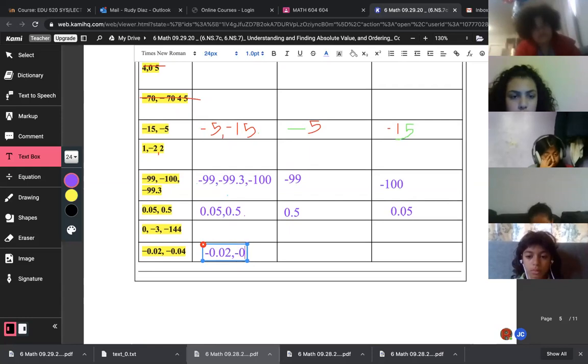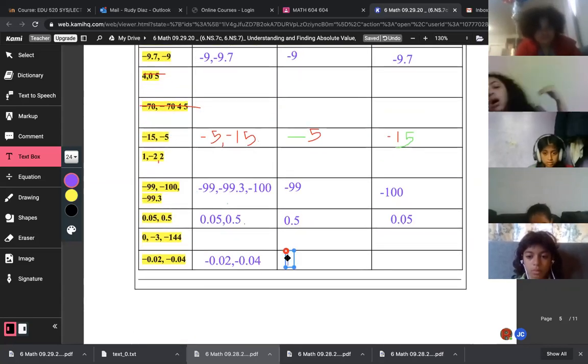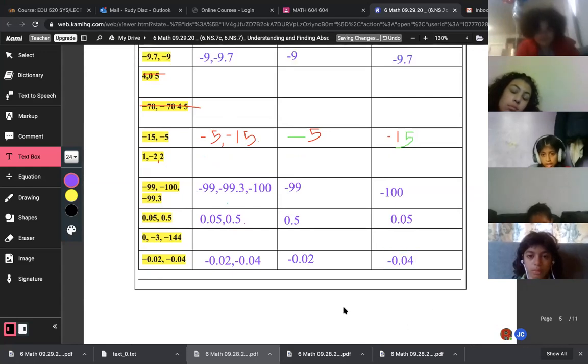Negative 0.04. Yep. And then you want to label the one that's farthest to the right, the one that's closest to 0. Negative 0.02. And then the farthest, negative 0.04. Perfect. Any questions?